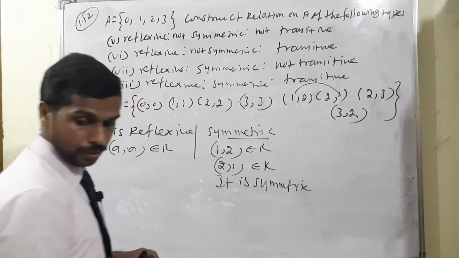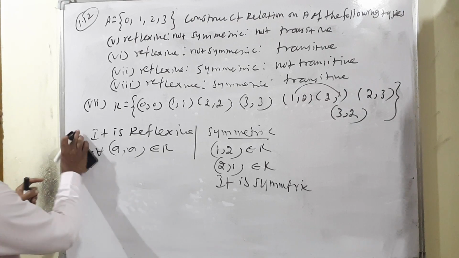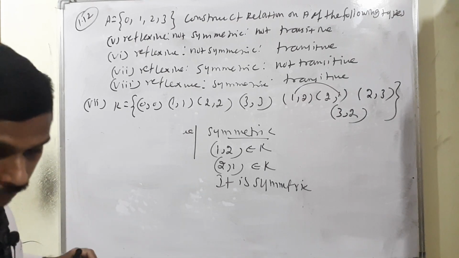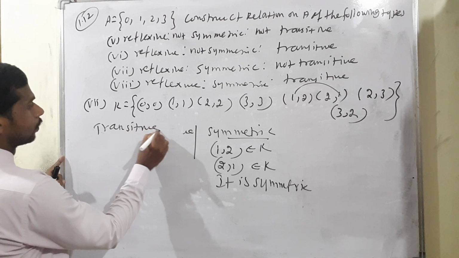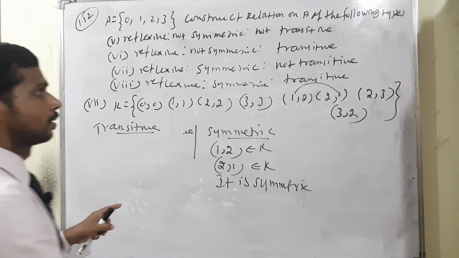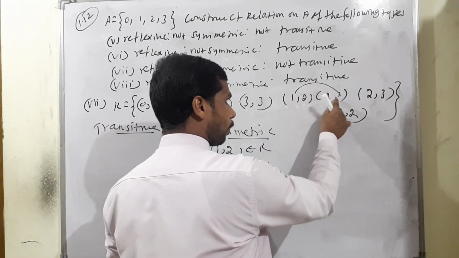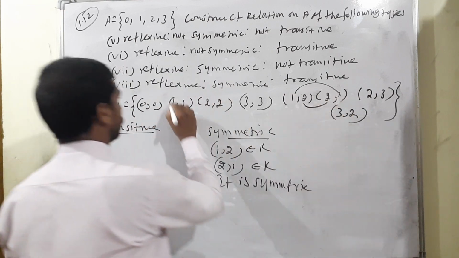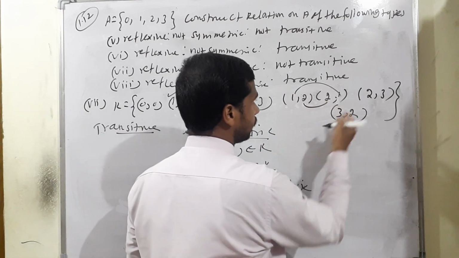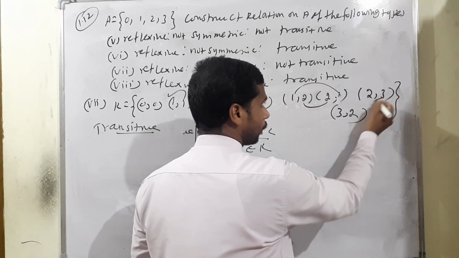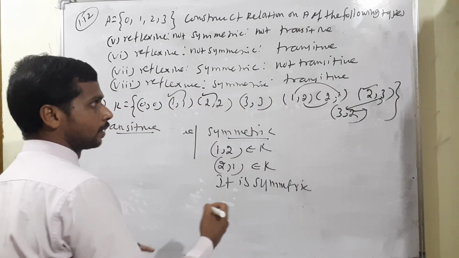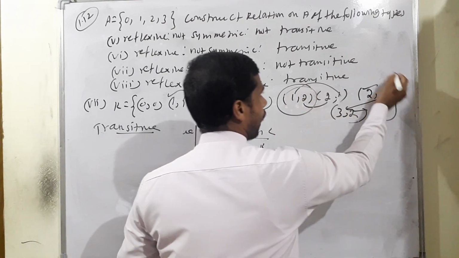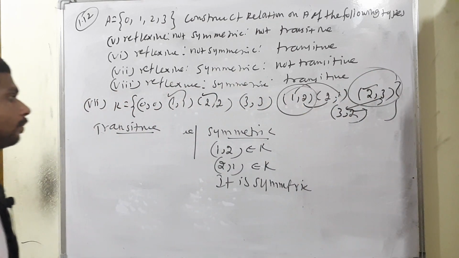Then transitive. Listen very carefully, the transitive. So transitive means, okay, 1, 2 and 2, 1 with connected pair 1, 1 is there. Next condition, 2, 3 and 3, 2, here also 3, 3 connected pair 2, 2. Okay, but 1, 2 and 2, 3, check it there.